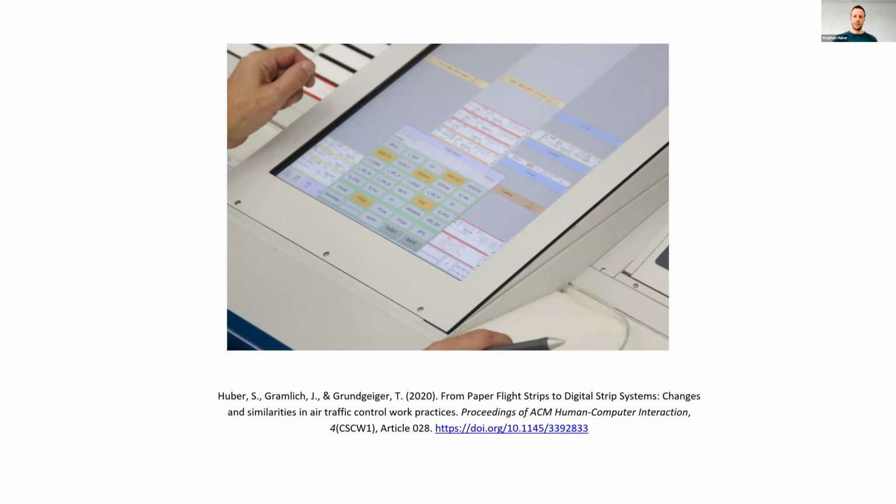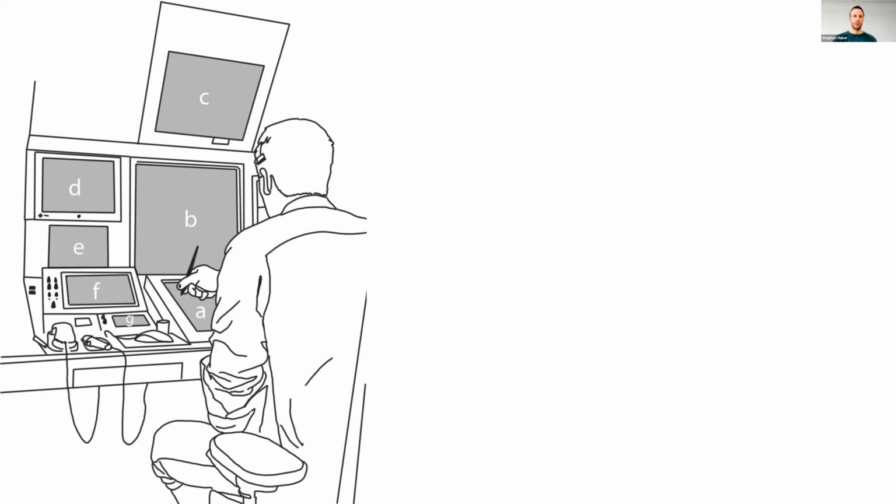So in this work, we first examined in an ethnographical approach how air traffic controllers used those systems. They had a setup as indicated here, where display A is what I just showed you, the paperless strip system, where they document any clearances that they give.